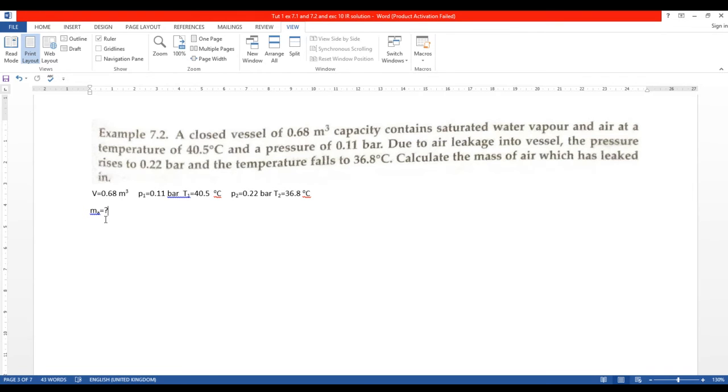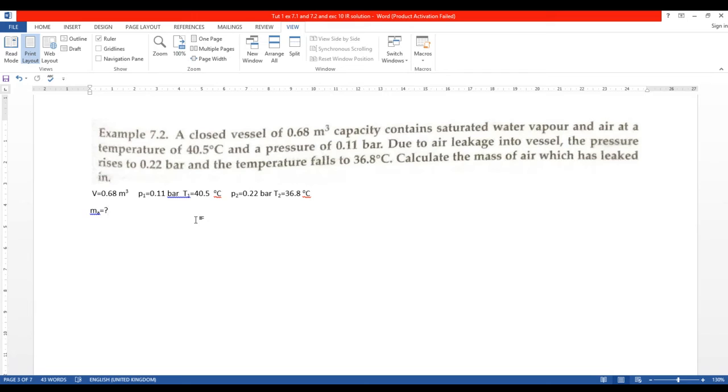And in the previous condition, at P1 T1, we calculate MA1, mass of air at condition 1. So MA2 minus MA1 will give us the mass of air which leaked in, right? And how to find the mass of air in each condition? Again, we use the equation of state, PV equal MRT.